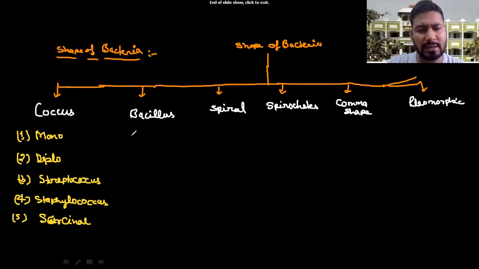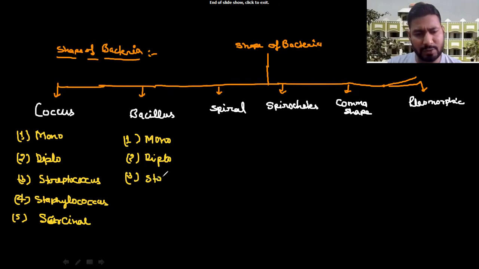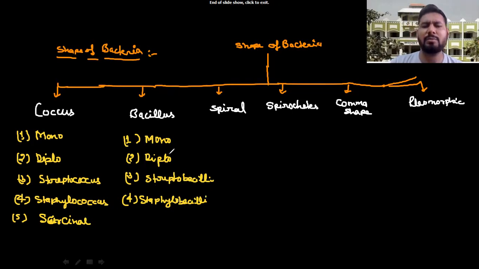Similarly, bacillus is also classified in the same way: monobacilli, second is diplobacilli, third is streptobacilli, and fourth is staphylobacilli. So they have monobacilli, diplobacilli, streptobacilli, and staphylobacilli.